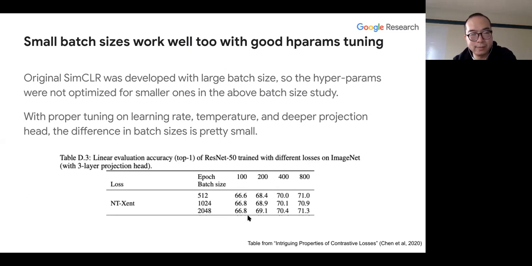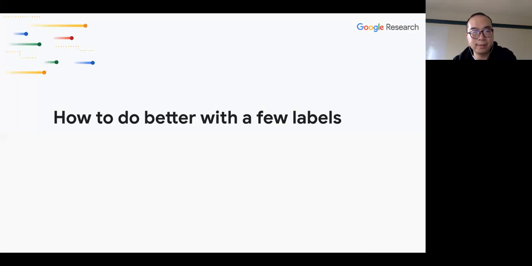We didn't tune for even smaller ones. But I think the point here is that hyperparameter tuning is quite important, even though it's sometimes hard to tune all the hyperparameters well. But if you do, then the effect of batch size is actually smaller than you expect.